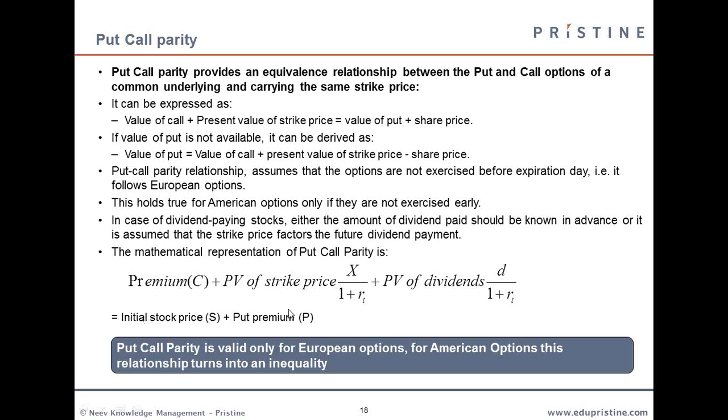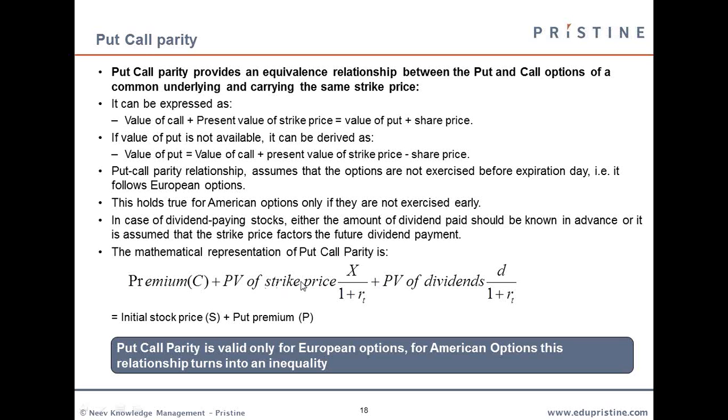Till now, we have assumed that the stocks are non-dividend paying. In case of dividends, the change is pretty simple. In case of dividends, the stock price will go down by the amount of dividend that you pay. So what we do is we subtract the dividends from the stock price, or we can add it to the side which has the call option.